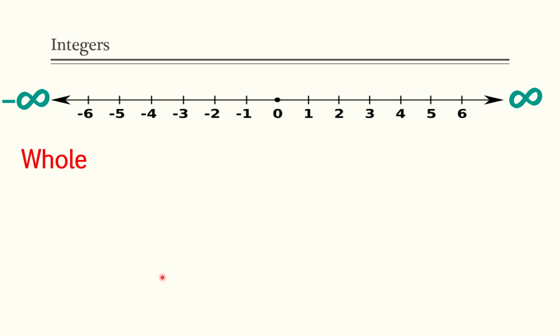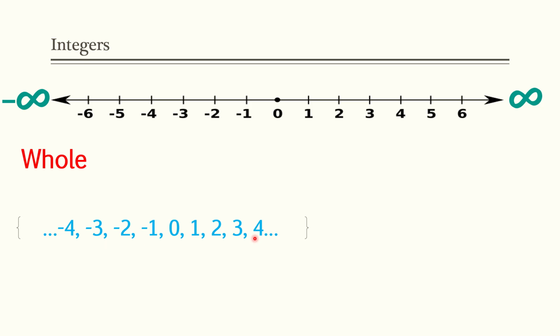But integers are whole. They do not have any decimal points or decimal parts over there. So if we talk about this particular set over here, 0, 1, 2, 3, 4, minus 1, minus 2, these numbers do not have any kind of fractional part over here, right? So these are all integers.